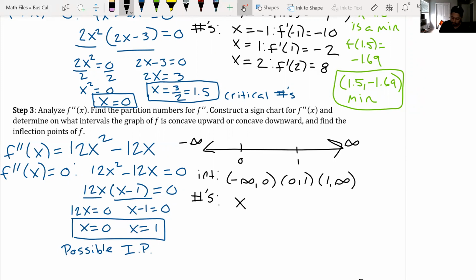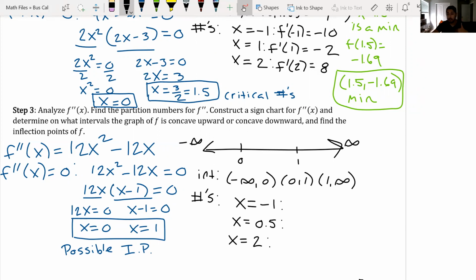Three intervals, 3 values for x. Okay. Negative infinity to 0, negative 1. 0 to 1, 0.5. 1 to infinity, 2.